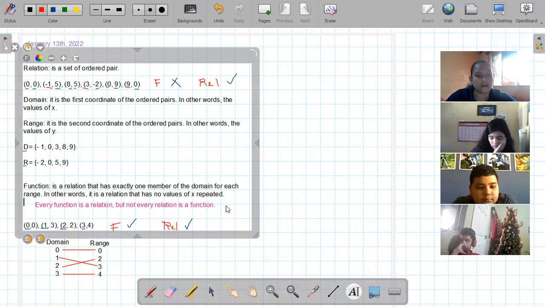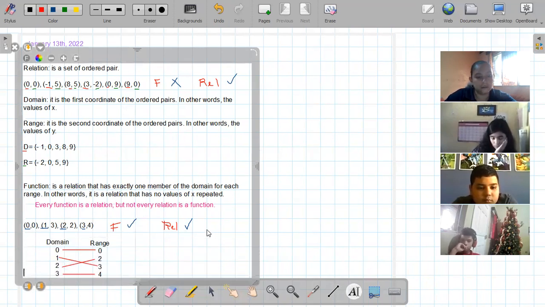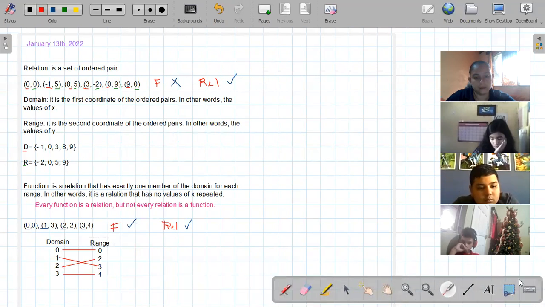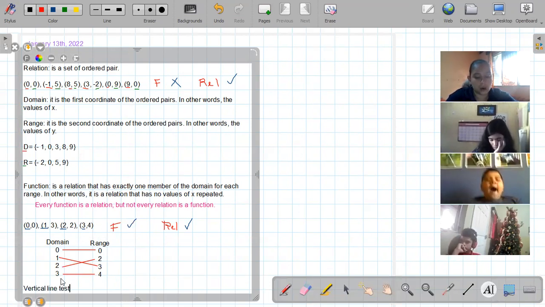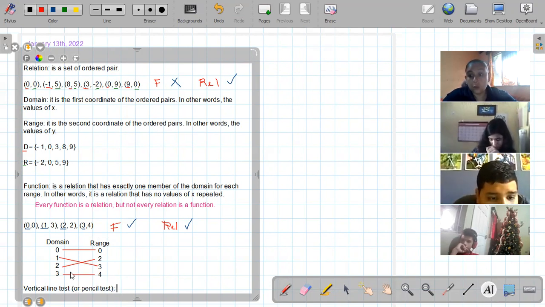Okay. Last and very last definition. We're going to place it over here. It is called the vertical line test, or pencil test. That's what we're going to call it. What is this?